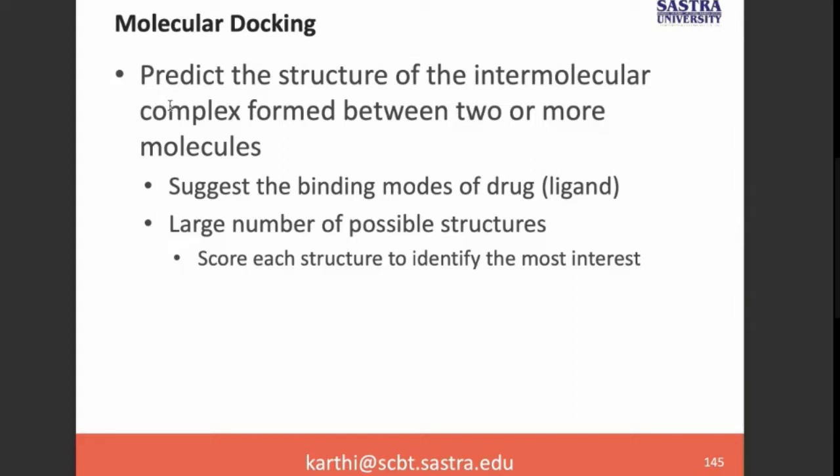So we write computer algorithms to make possible complexes between the given protein molecule and the drug-like molecule. Those algorithms are called molecular docking algorithms. What we actually evaluate here is what possible interactions can take place between the protein molecule and the ligand molecule.